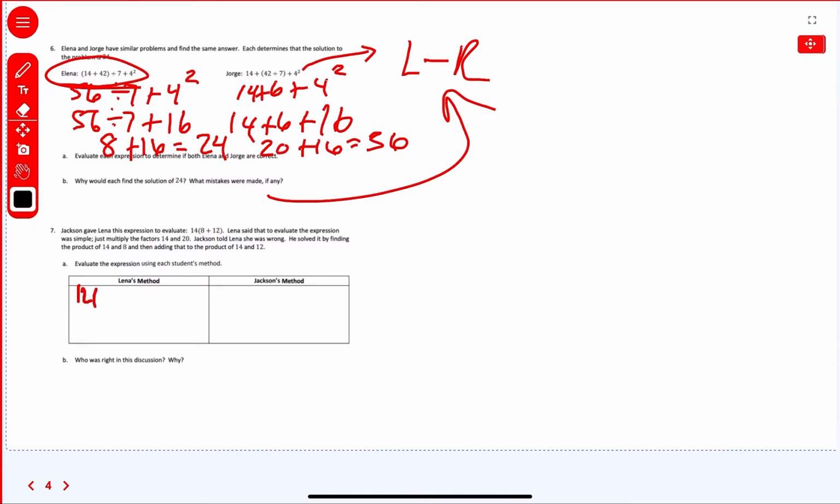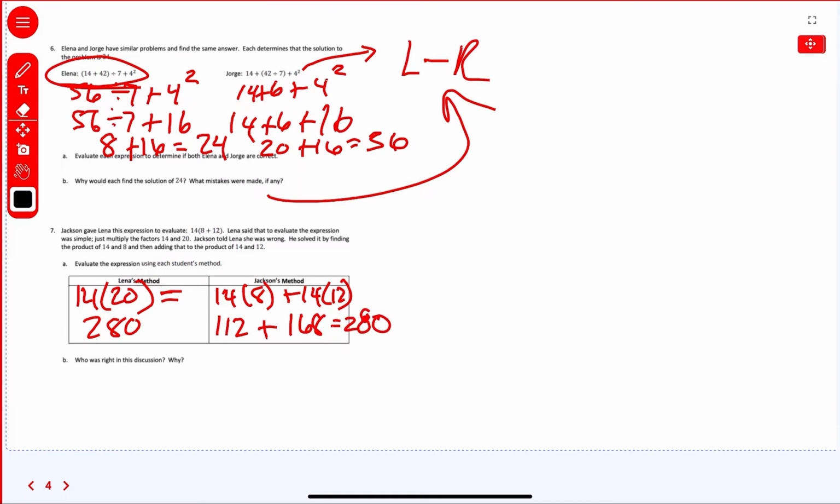Okay, so 14 times 20 is 280, correct? Jackson says he did 14 times 8 plus 14 times 12. Well, what's 14 times 8? 112. Plus, what's 14 times 12? 168, 280. 280, correct? Okay.